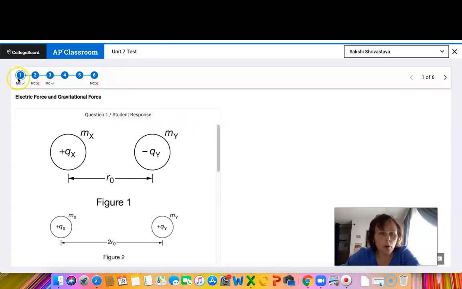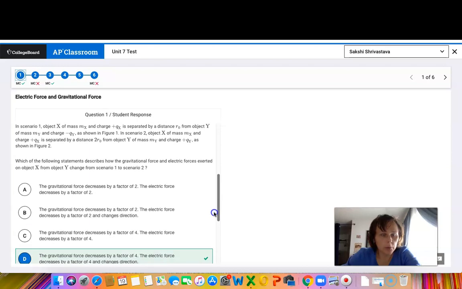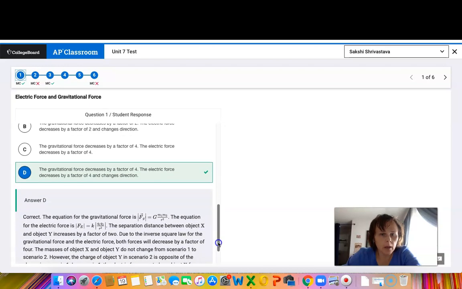So question 1 is a multiple choice question. It's asking you what's going to happen to the electric and gravitational forces. And the correct answer is D. The gravitational force decreases by a factor of 4, and the electric force decreases by a factor of 4 and changes direction.